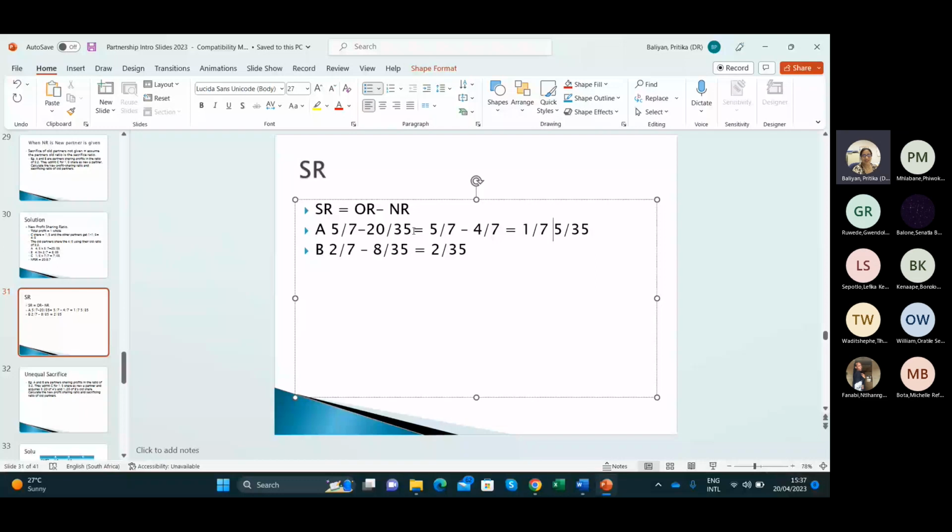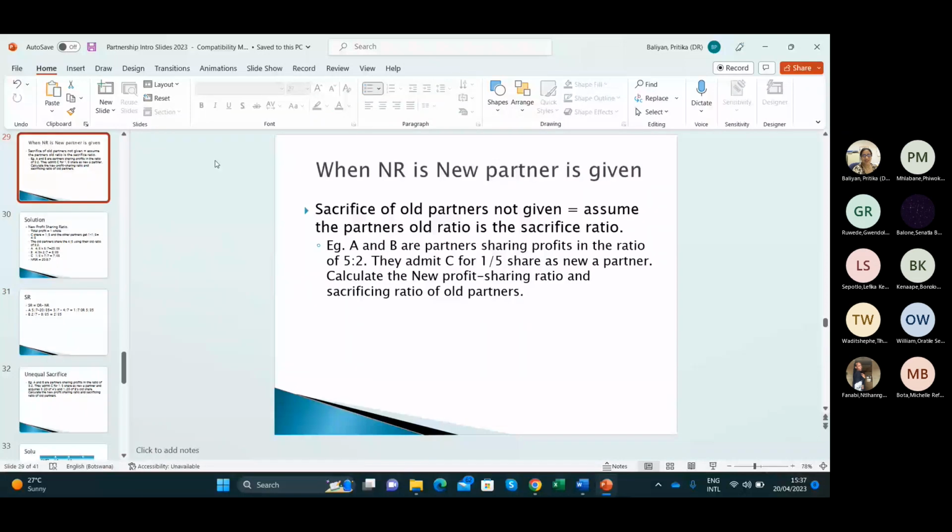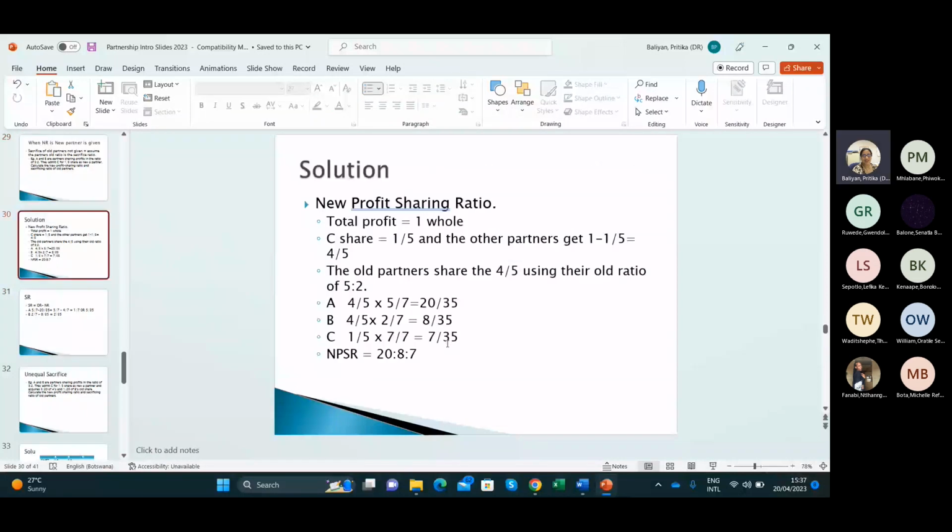Or the same thing you can say is 5/35. So the sacrificing ratio is 1/7, because he sacrificed 1 by 7 for the new partner, and 1 by 7 is the proportion for the new partner.